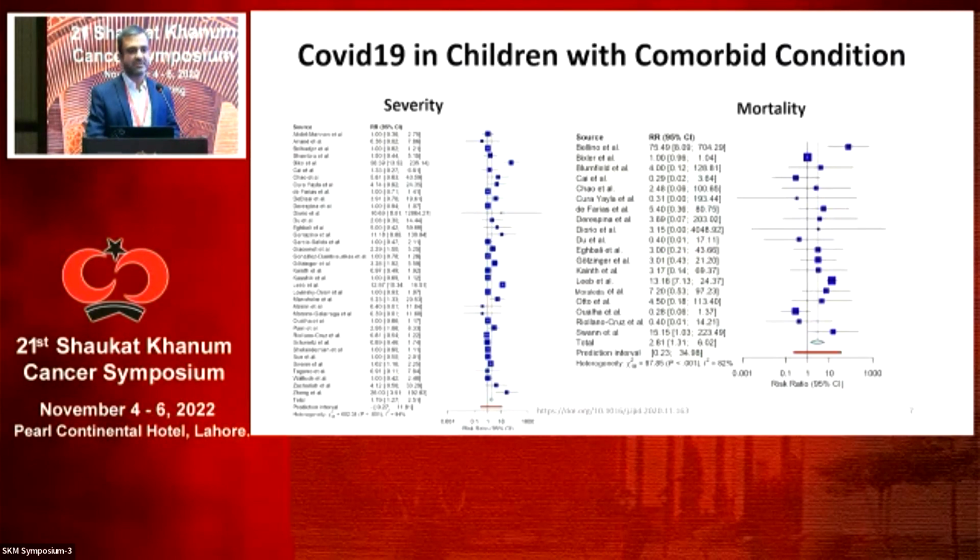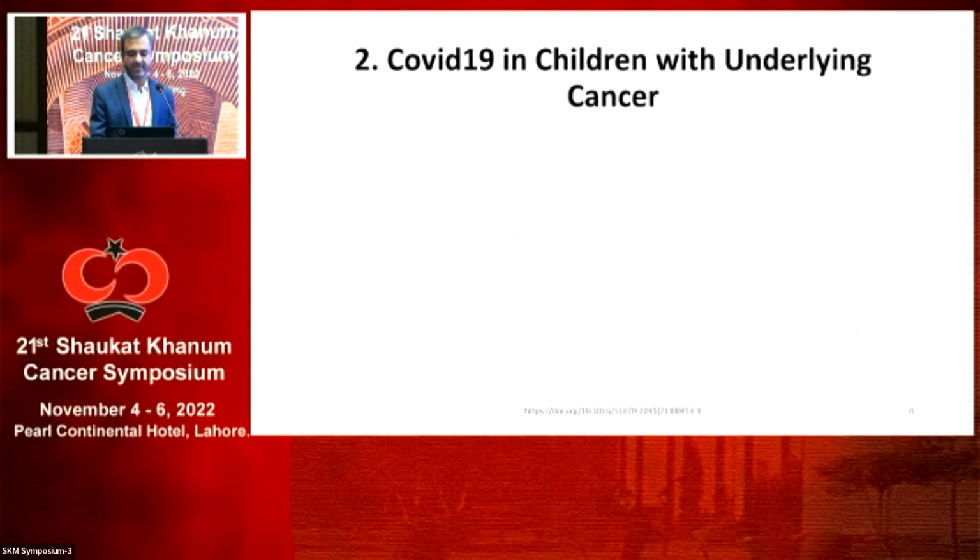If we look at COVID-19 burden and severity in children who had any underlying comorbid condition, not specifically cancer, we see that their severity has been greater, and they are at more risk of dying from COVID as compared to children who did not have any comorbid condition.